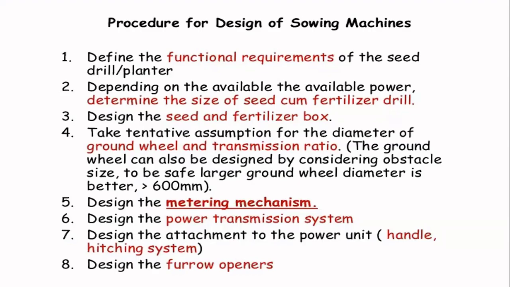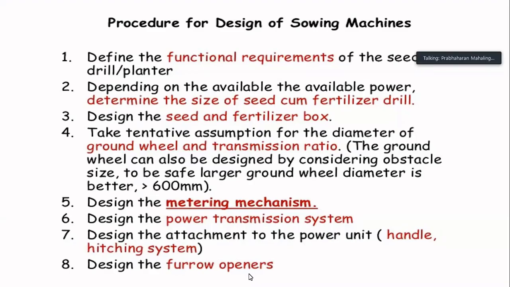Ground wheel and transmission ratio: tentative assumption for the diameter of the ground wheel and the transmission ratio. Then metering mechanism, then power transmission system. Then handle and hitches, and finally 8, 9 and 10: furrow opener and furrow closer.